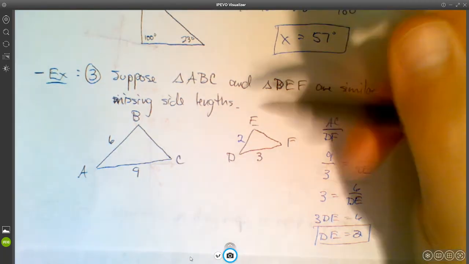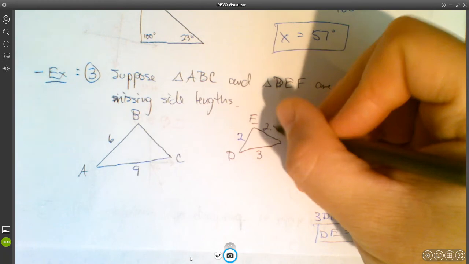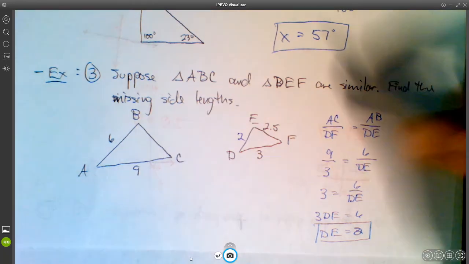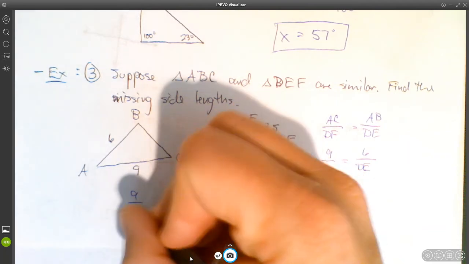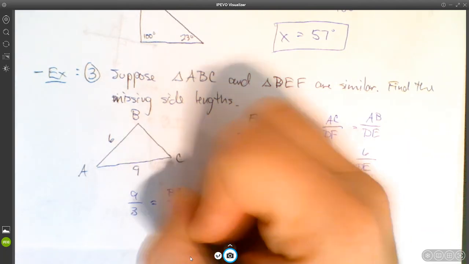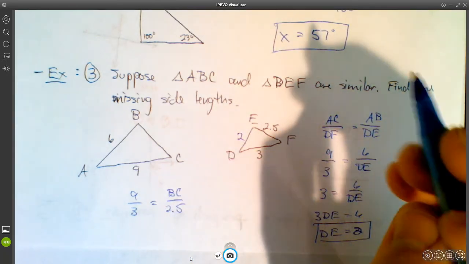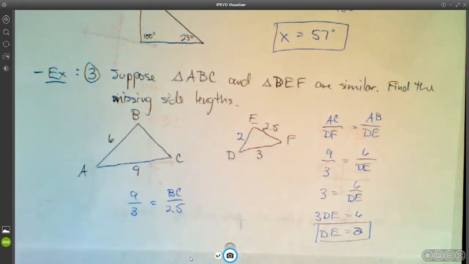Maybe, so let me say that this one was, what do we want to make it? Maybe 2.5. Then we can figure out what BC is. We could say, same thing, right? We could say 9 over 3 equals BC over 2.5. 9 divided by 3 is 3. 3 times 2.5 is like 8.5, I think.